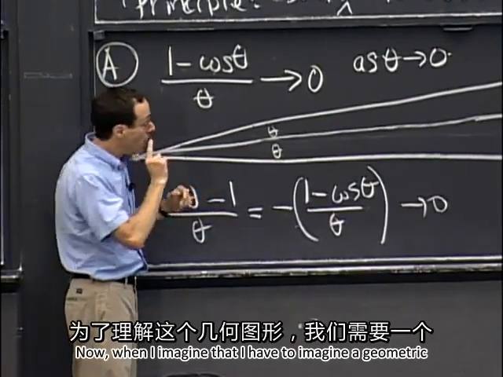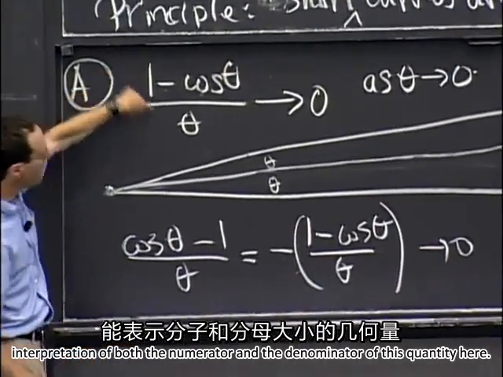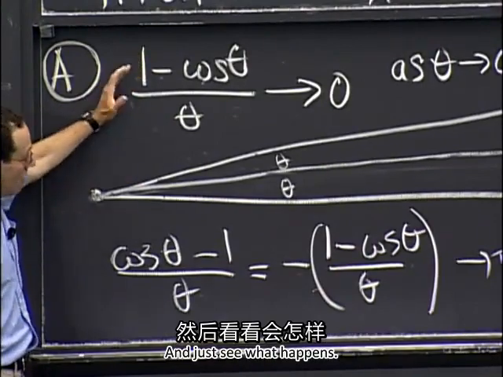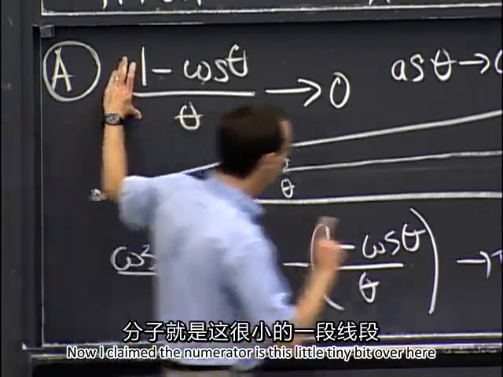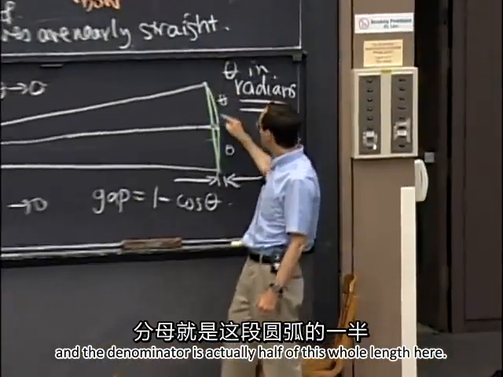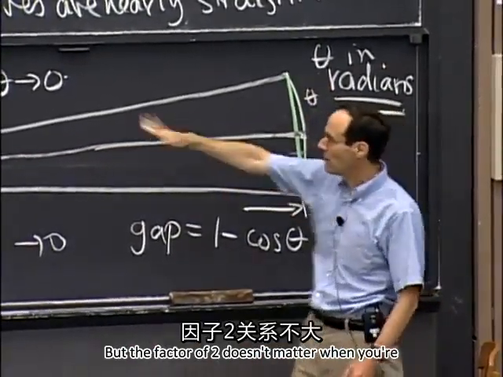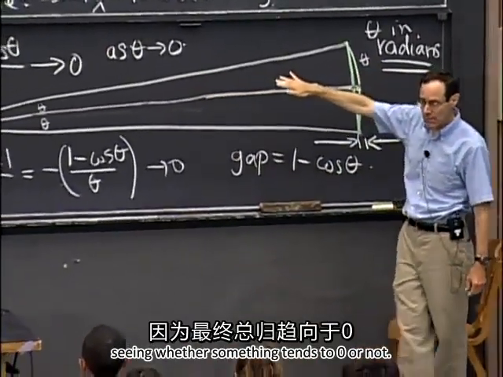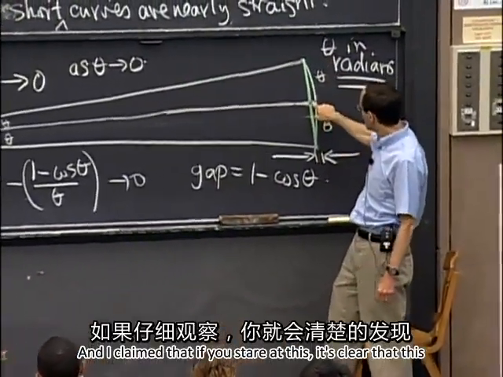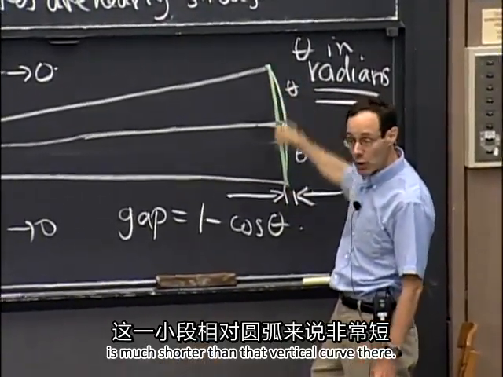Now, when I imagine that, I have to imagine a geometric interpretation of both the numerator and the denominator of this quantity, and just see what happens. I claim the numerator is this little tiny bit over here. And the denominator is half of this whole length here, but a factor of 2 doesn't matter when you're seeing whether something tends to 0 or not. And if you stare at this, it's clear that this is much shorter than that vertical curve there.